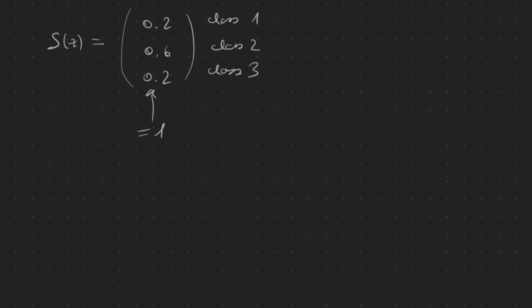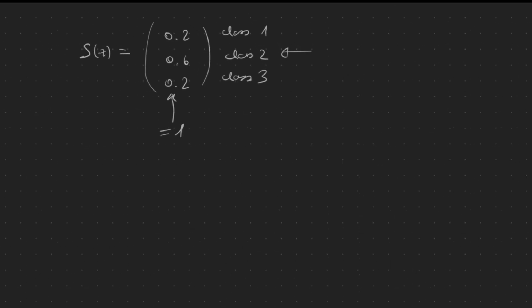So every row in the vector corresponds to a class, as we said. And we would just pick the class with the highest associated probability. Class 2 has a probability of 0.6, which is much larger than the other ones of 0.2. So we would say that z belongs to class 2. This is how we use the softmax.